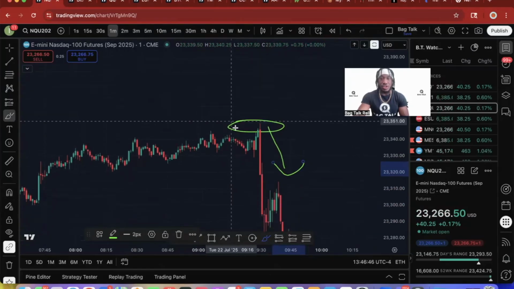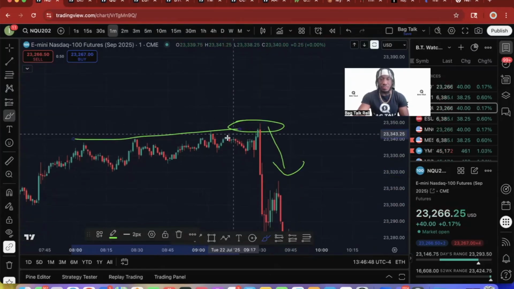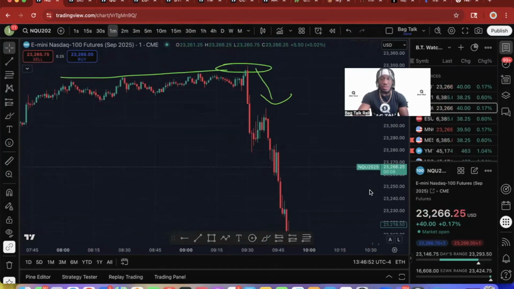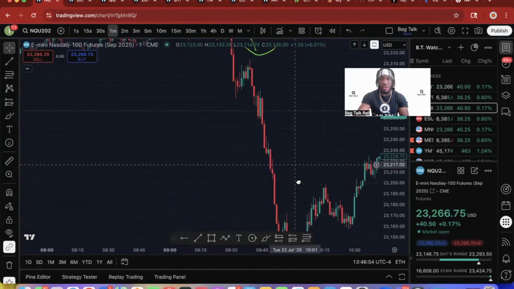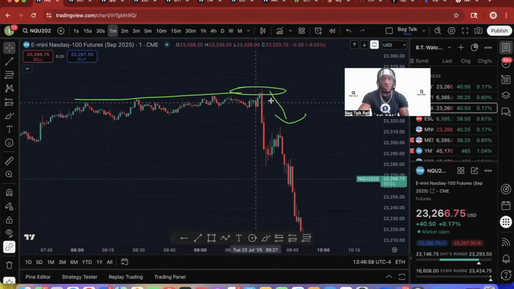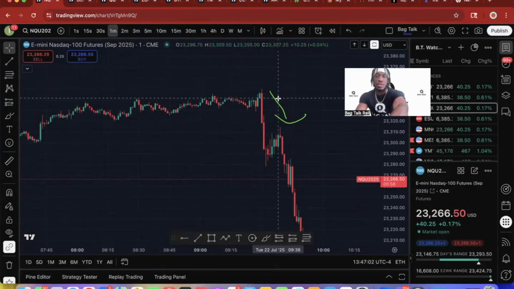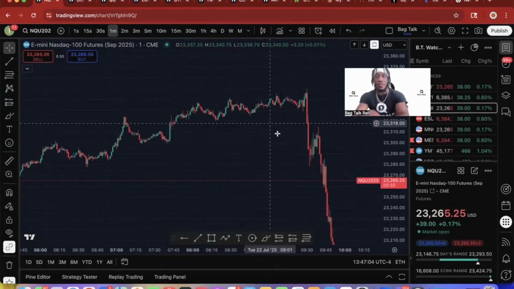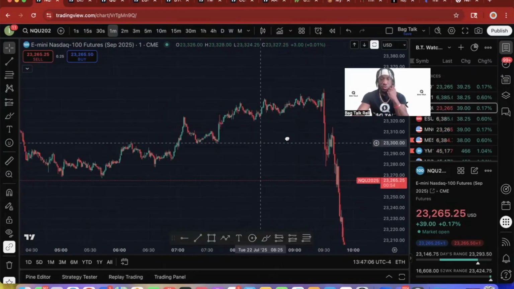So you can see that they use the money from stopping people out to fuel their move to the downside. And you can see that they got a lot of gas in that car because they absolutely dumped really hard to the downside after consuming everybody's stop losses at those relatively equal highs. So definitely want to spot areas of relatively equal highs and relatively equal lows.